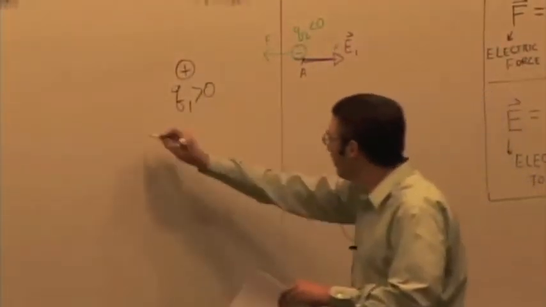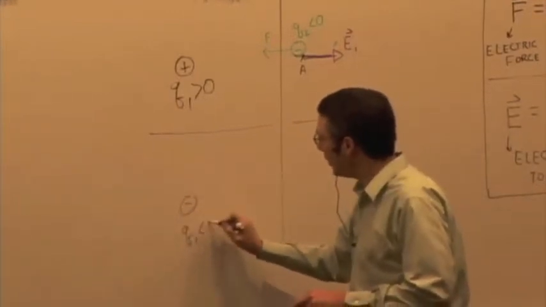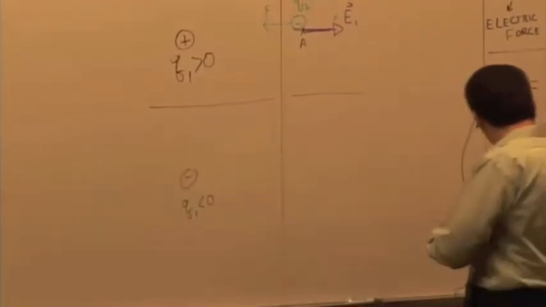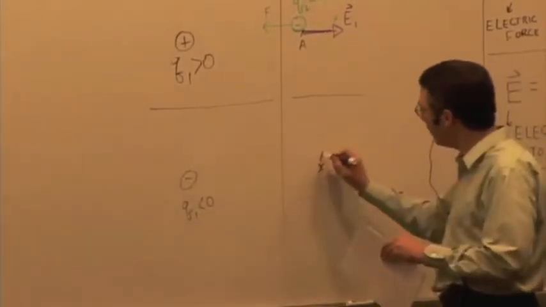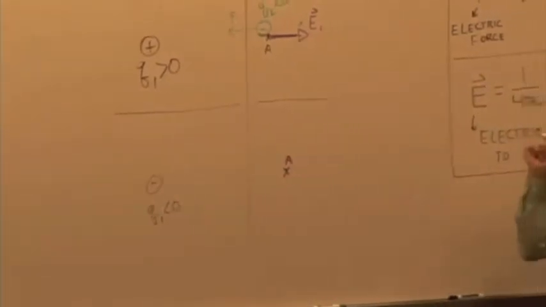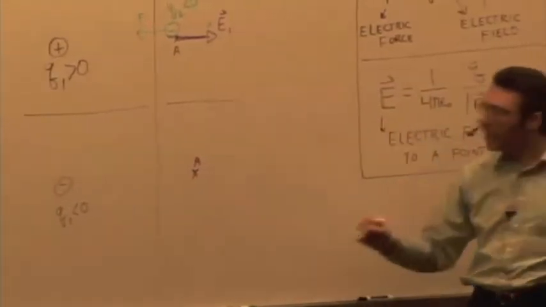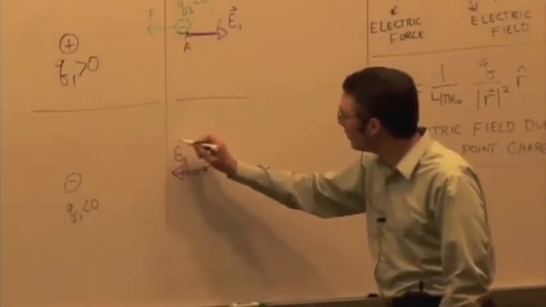Draw a different situation: Q1 is less than 0, and I have then at location A, electric fields due to negative charges should point that way, towards the negative charge, right? So that's E1.